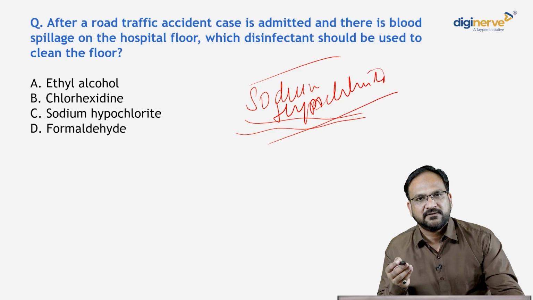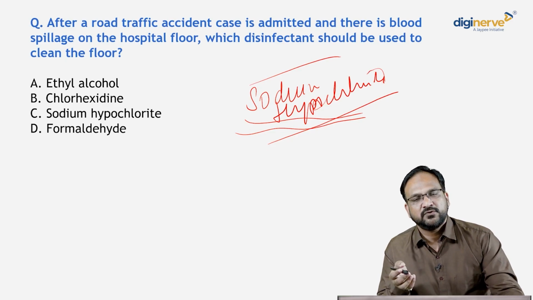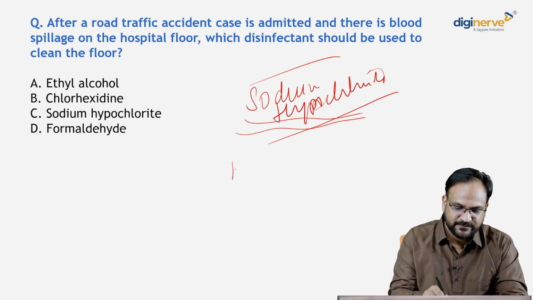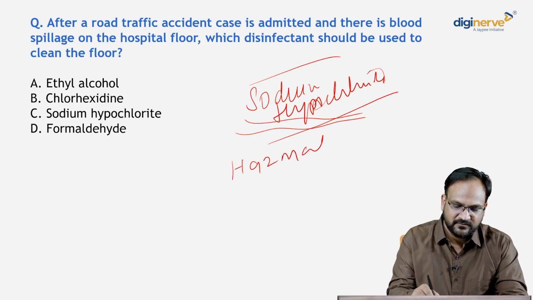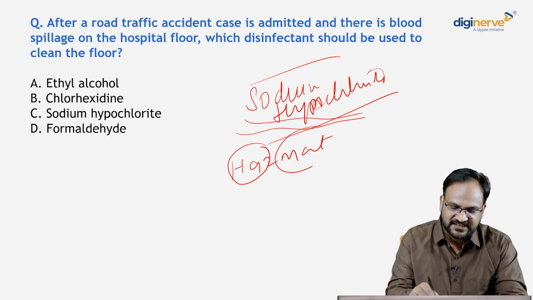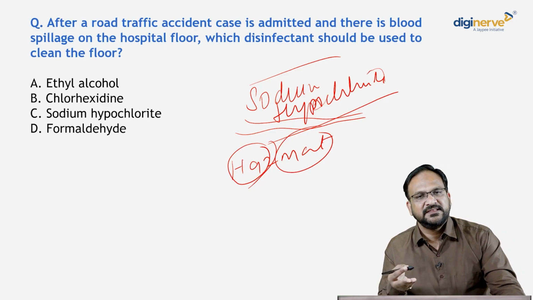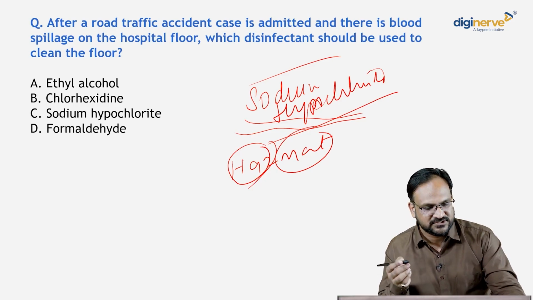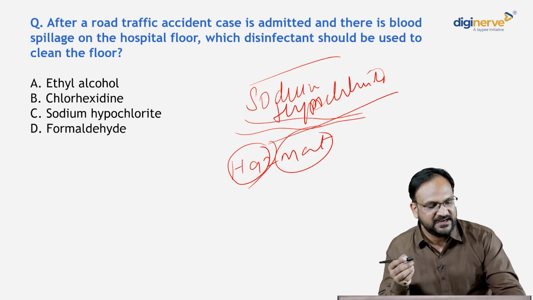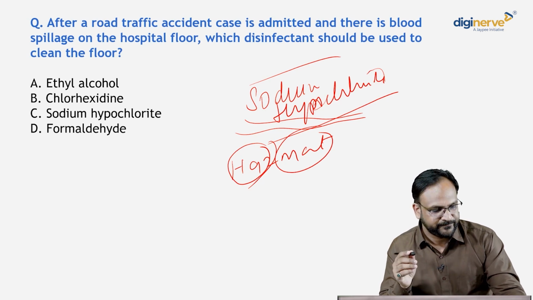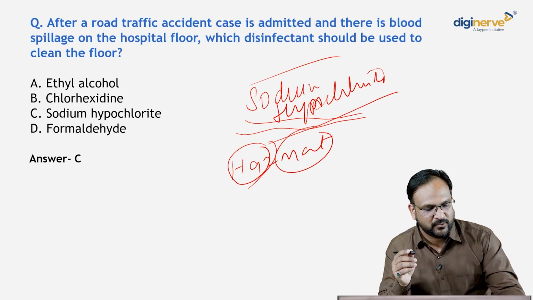Housekeeping staff usually term sodium hypochlorite as hypo, and there is a hazmat spill kit, the hazardous material spill kit, to be used by the housekeeping staff to clean infective material from the floor, especially blood or any infected material on the hospital floor. Answer is sodium hypochlorite.